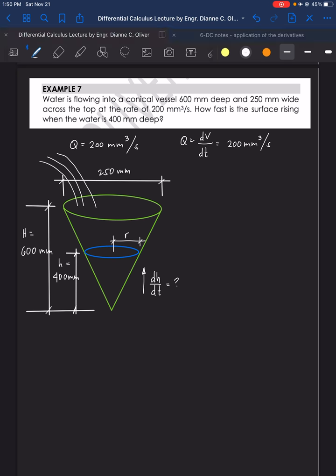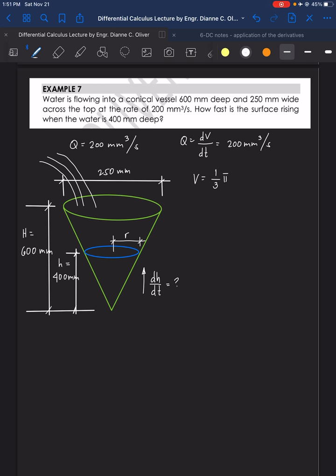So what we are going to use as an equation will be volume is equal to 1/3 pi. So what are we going to use here? The volume of the conical vessel or the volume of the water? If we are to take the volume of the conical vessel, the volume becomes constant.